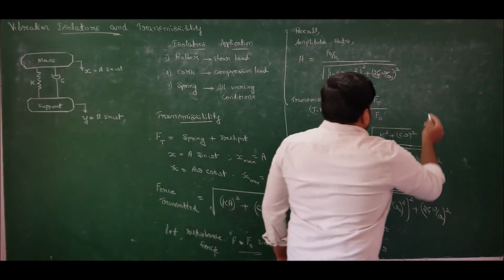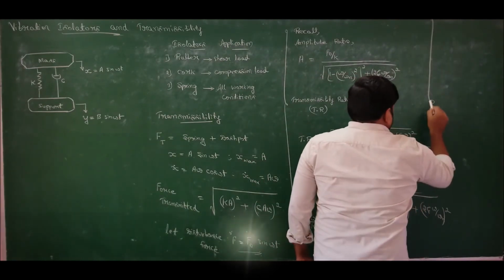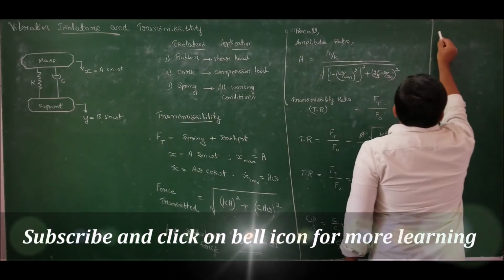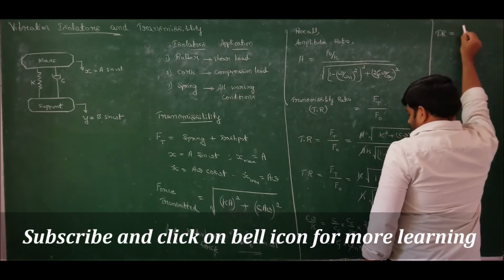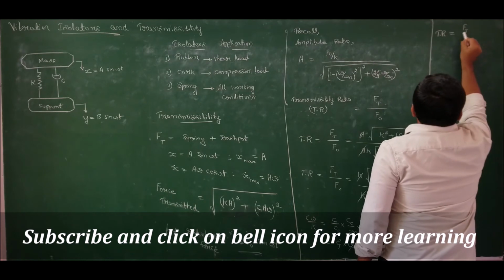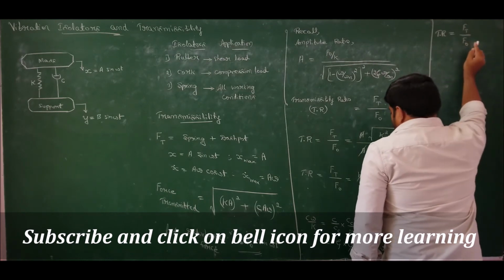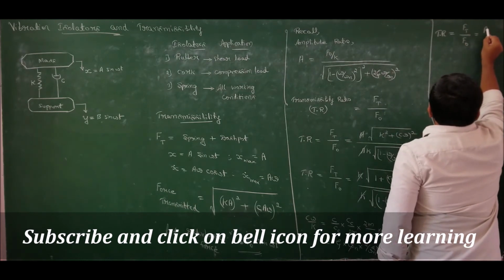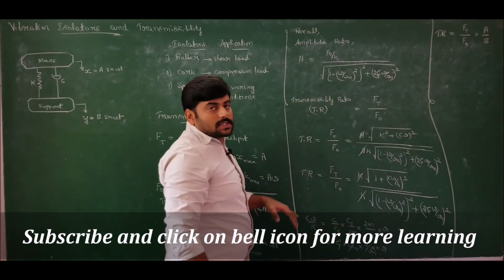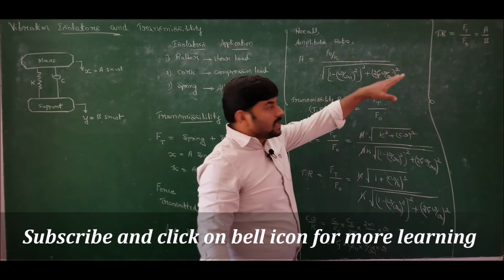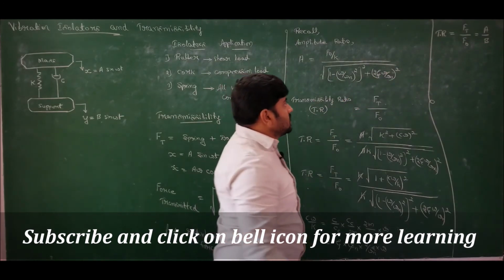So hence, what is the value of transmissibility ratio? Hence transmissibility ratio, which is nothing but force transmitted to the disturbance force, which is nothing but the displacement ratio of absolute displacement, because this expression is same as A by B, which we have derived in our previous lecture.